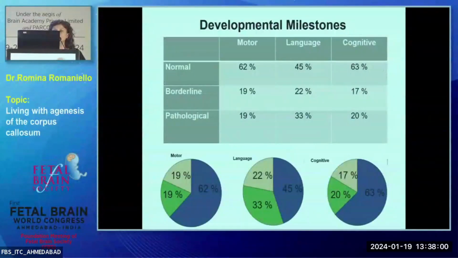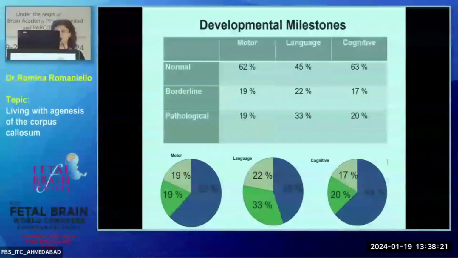The developmental milestones of these subjects, this is the distribution. You can see in the motor area, normal development was in 62% of subjects, borderline 19%, and pathological 19%.